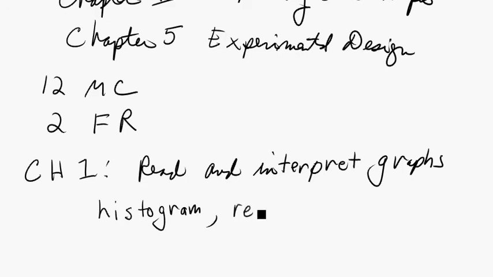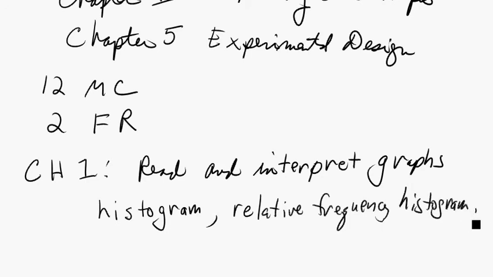Make sure you understand a relative frequency histogram. You don't have to make any of these on your test. I'm not going to test whether or not you can put the class limits in the right place to get a nice looking graph. I'd rather on an exam see how well you can interpret these things.